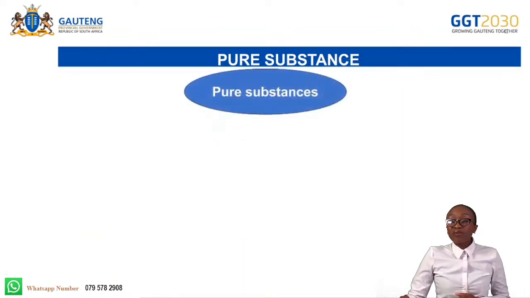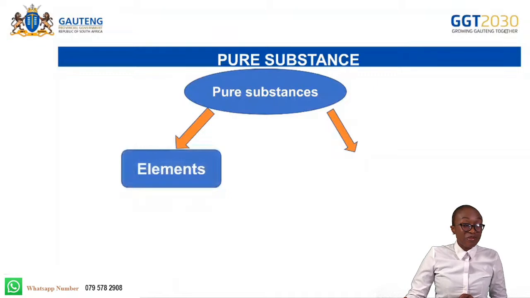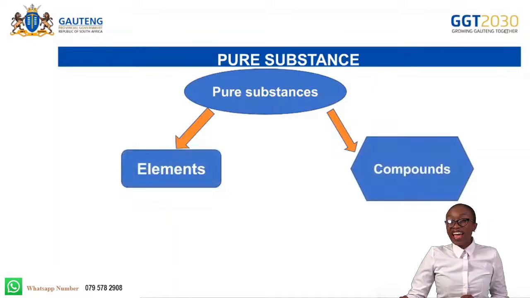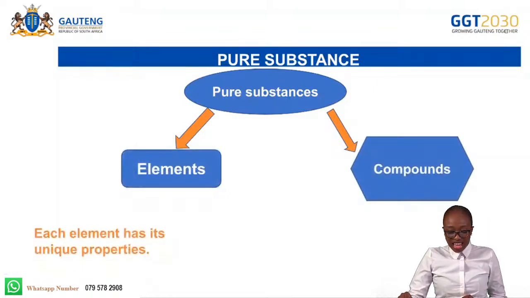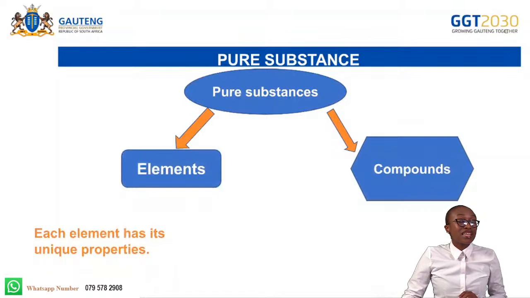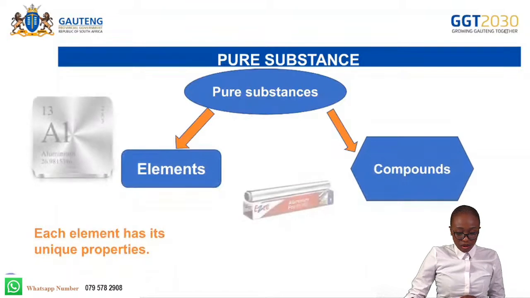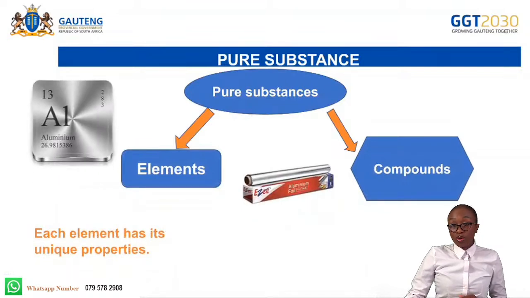Now, pure substances can also be categorized. So under pure substances, we've got elements and we have compounds. Remember, elements are substances that are made up of only one type of atom. Each element also has its own properties.